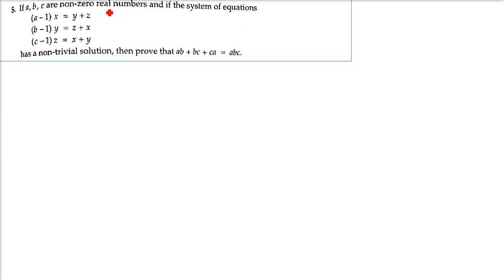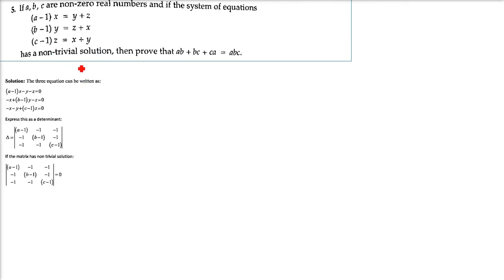If a, b, c are non-zero real numbers, and if the system of equations has a non-trivial solution, then prove that ab plus bc plus ca equals abc. What you have to do is simply take this equation and put the determinant equals 0. That is what we have to do.